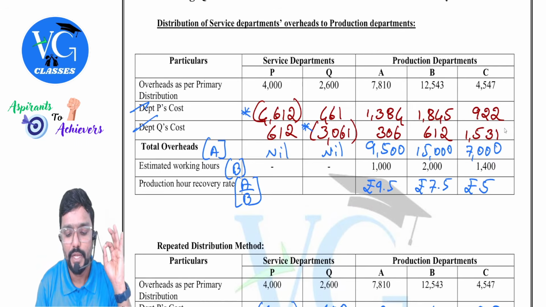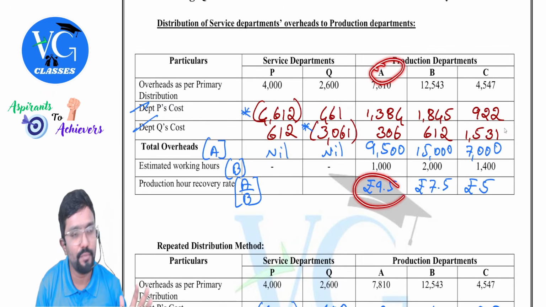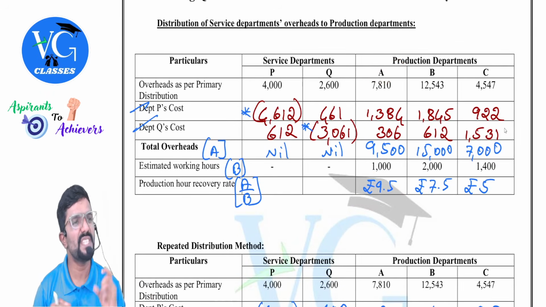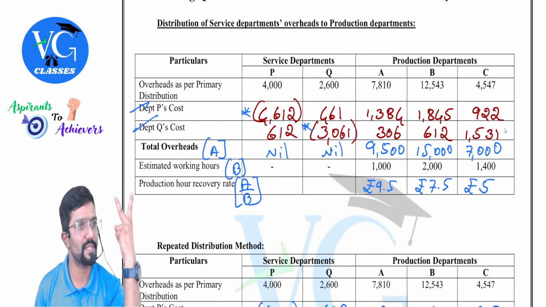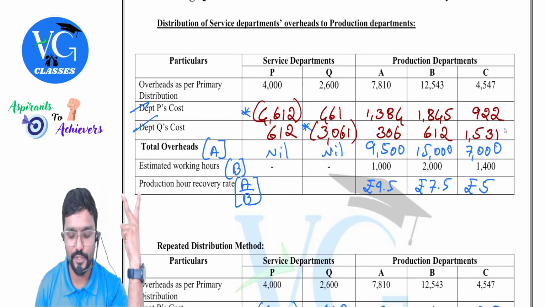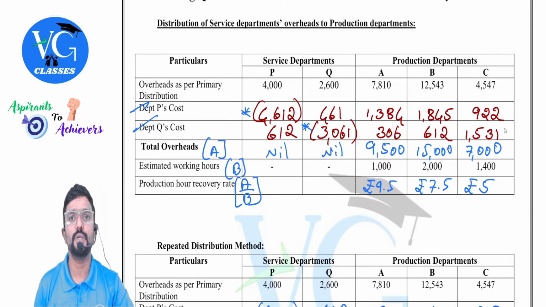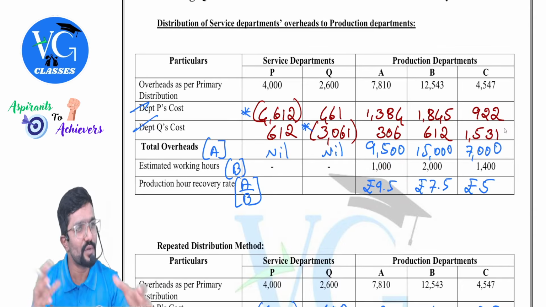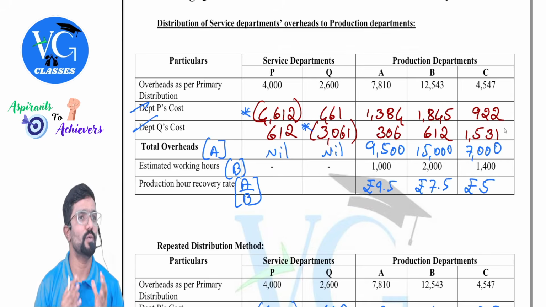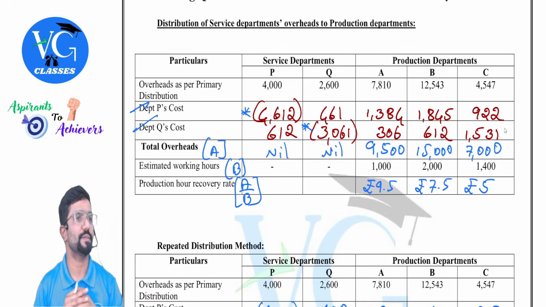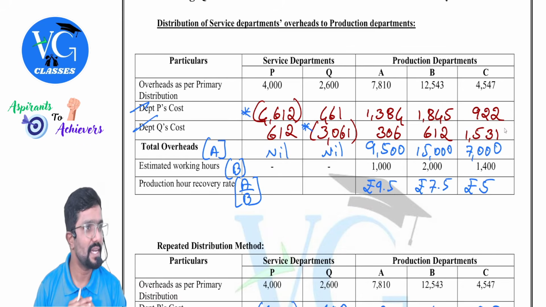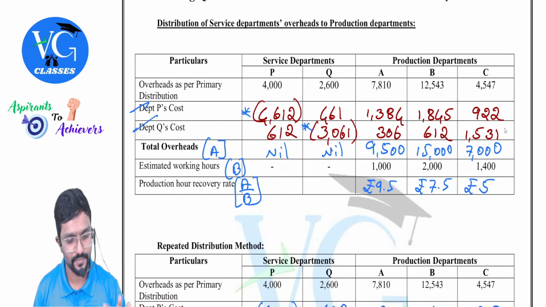In simple terms, in production department A, we have got 9.5 now, sir. Assume to produce each and every unit, we are working for 2 hours. So what is the overhead to be absorbed? 9.5 into 2. Got it? This process is called absorbing the overhead. Who is absorbing the overhead? The output, the products. Clear? Yes, sir.